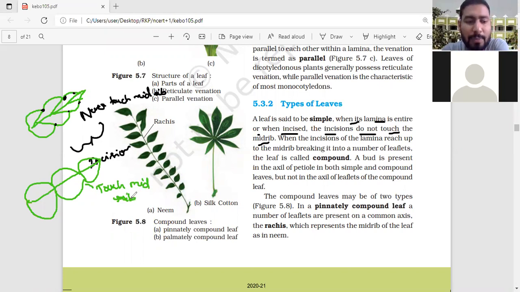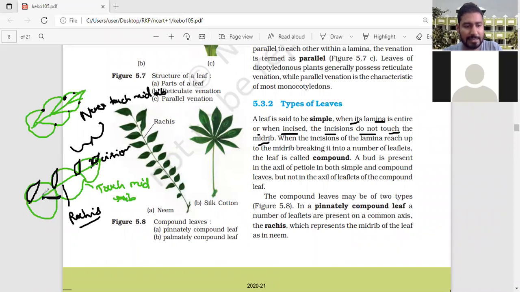Clear? When it touches the midrib, what happens? A new structure is formed. The midrib gets converted into the rachis. This structure is known as the rachis. And it will become like that.